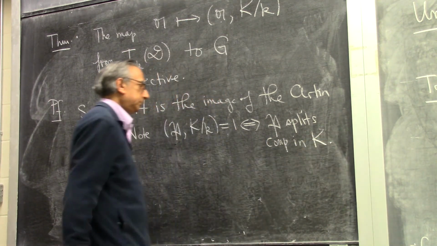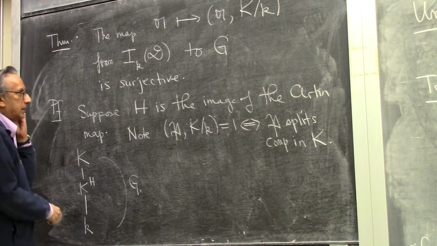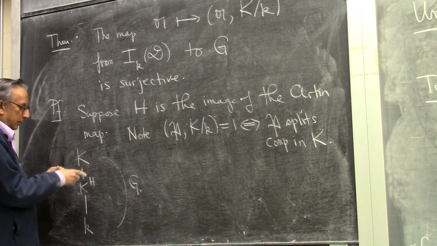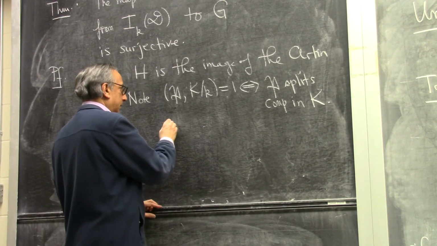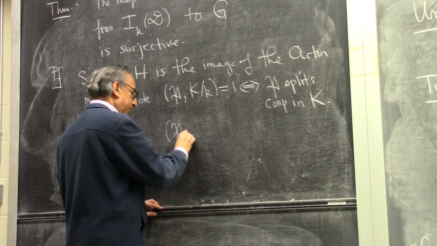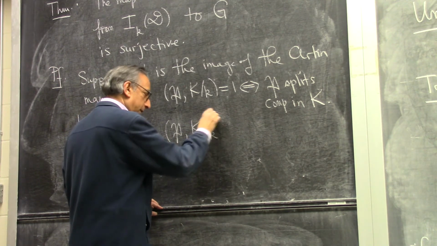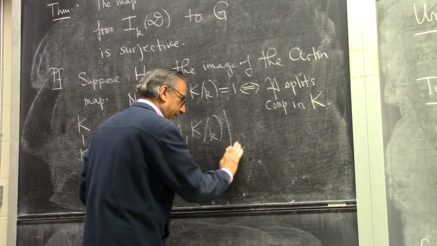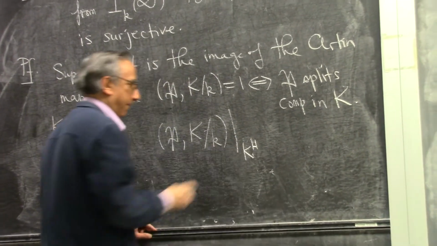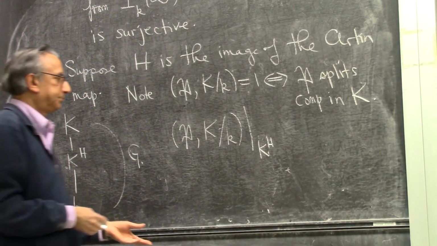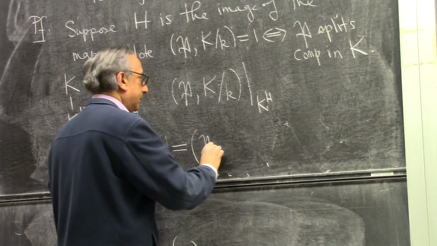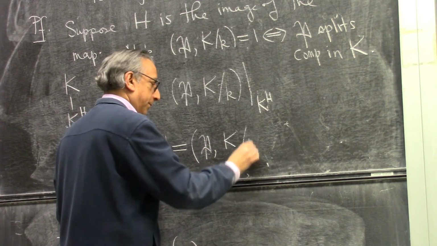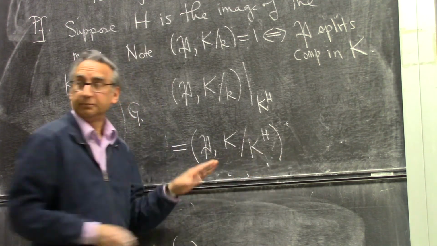Okay. The Artin symbol also has another important property, so let's point that out. If I take the Artin symbol, it has this nice functorial property: restricted to the subfield K_H, this symbol is nothing but that.